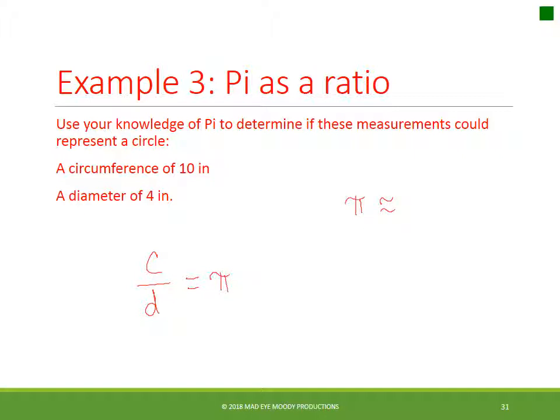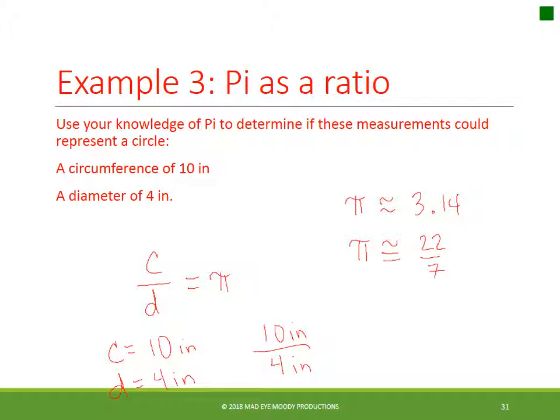Pi is approximately, that's the little squiggly equal sign, 3.14, or pi can be approximated to 22/7. So if I'm given the information that the circumference is 10 inches and the diameter is 4 inches, then when I write this as a ratio, 10 inches to 4 inches, this should equal pi. Well, let's do that. What is 10 divided by 4?